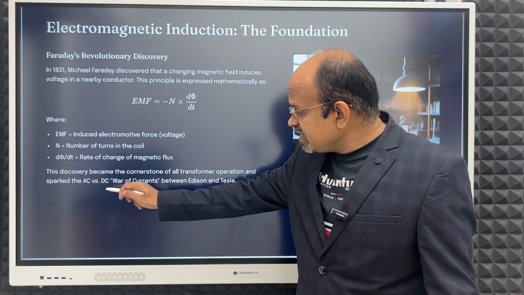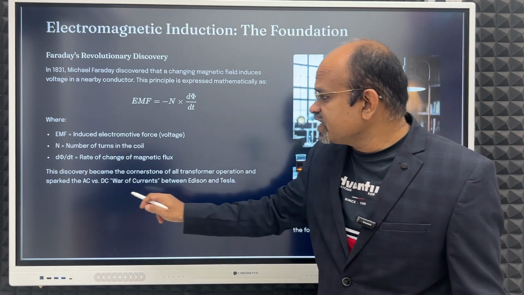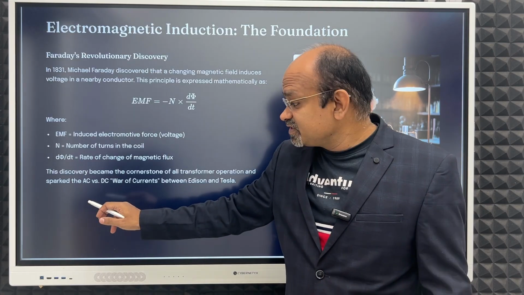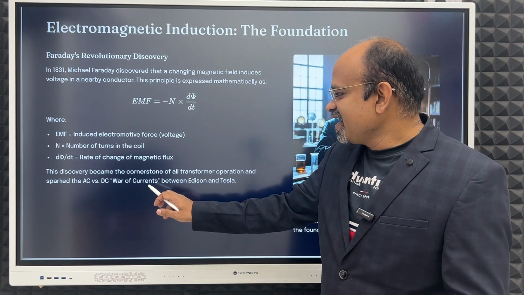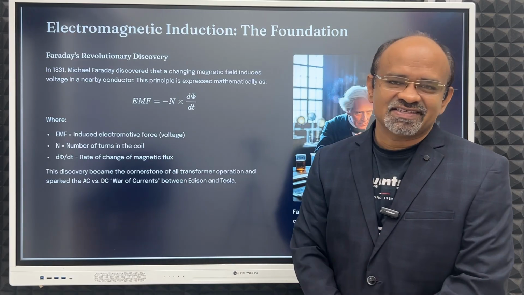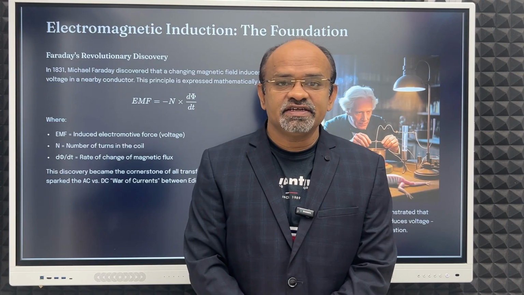This discovery became the cornerstone of all transformer operation and sparked the AC versus DC war of currents between Edison and Tesla. See what happened when electricity was invented.